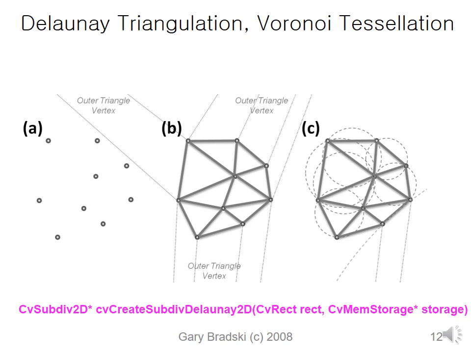These points data can be obtained from a 3D scanner. Then we can generate these meshes using Delaunay triangulation or Voronoi tessellation. So we can use this subroutine cv Subdiv2D.